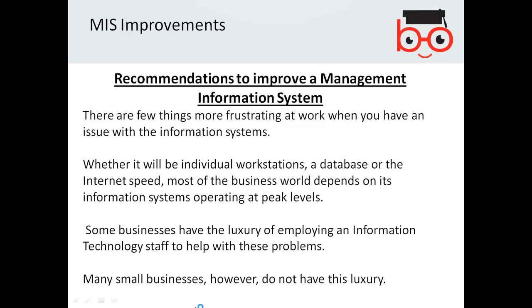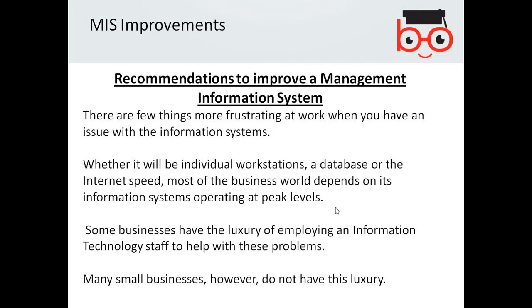Whether it is an individual workstation, a database, or the internet speed, most of the business world depends on its information systems operating at peak levels. So no matter if it is one computer or a complete database, it is affected by the internet speed.